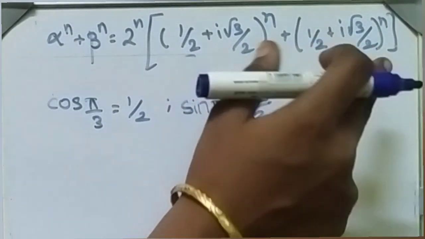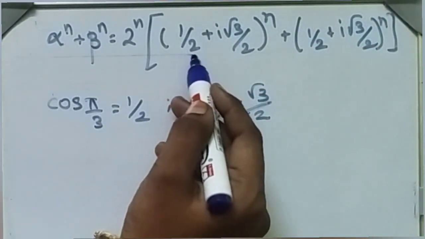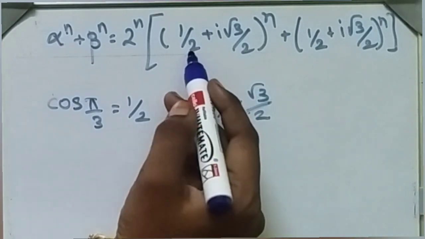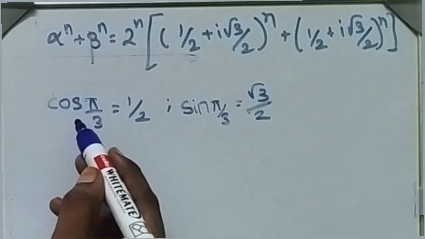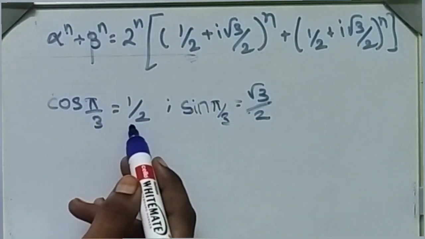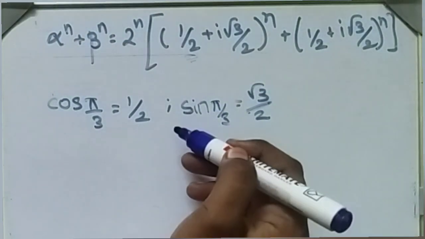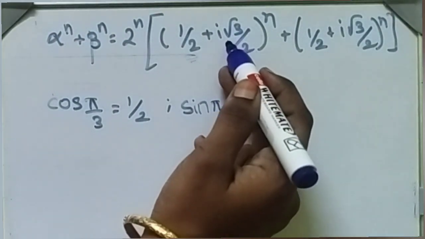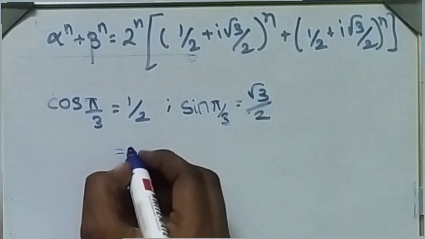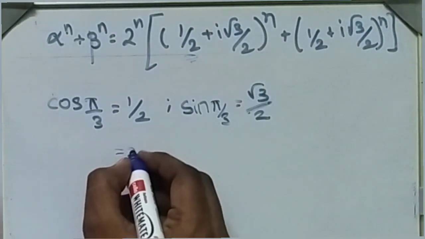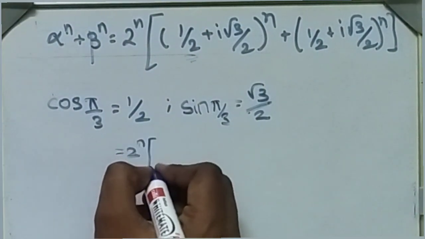Shall we substitute this here? So what did we do? Cos pi by 3 equals 1 by 2. Similarly, sin pi by 3 equals root 3 by 2. We are going to substitute these two things here. So it will become 2 power n.